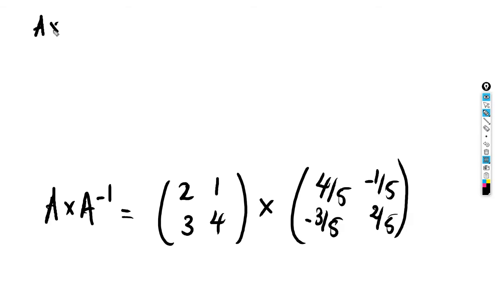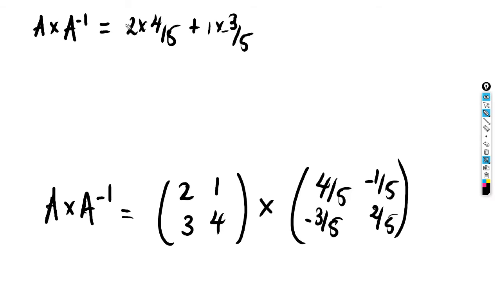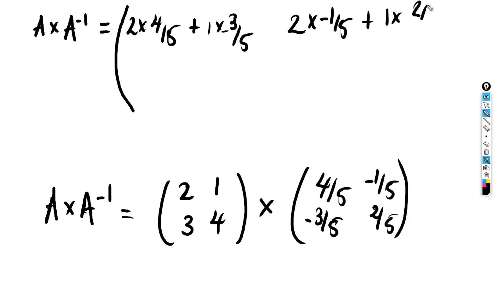So A multiplied by A inverse is equal to, we're going to do first row by first column, which is 2 multiplied by 4 over 5 plus 1 times negative 3 over 5. That's the first space. Then the second place is row 1 by column 2, which is 2 times negative 1 over 5 plus 1 times 2 over 5.